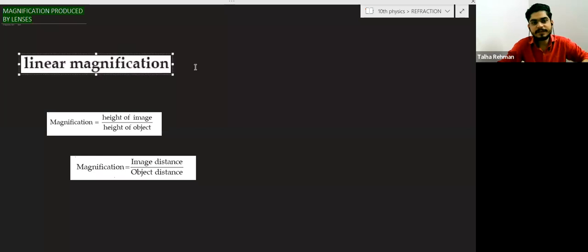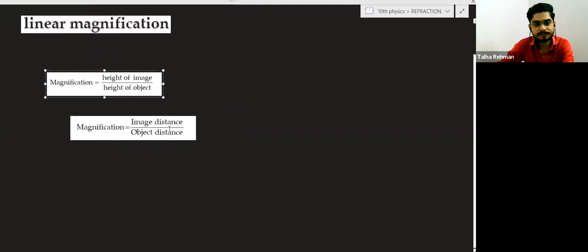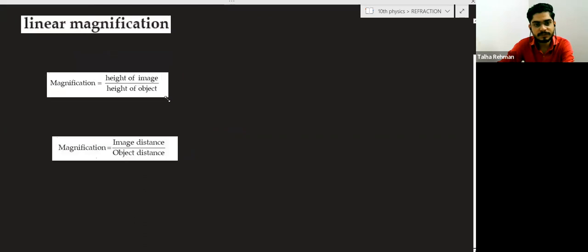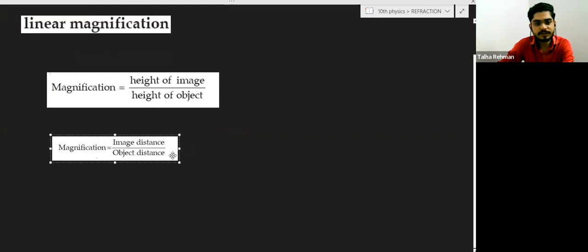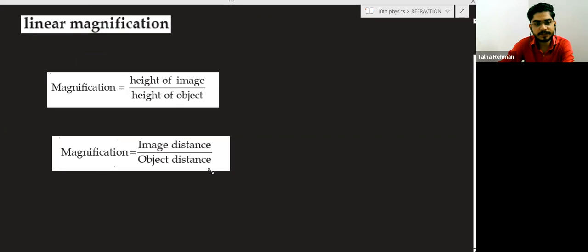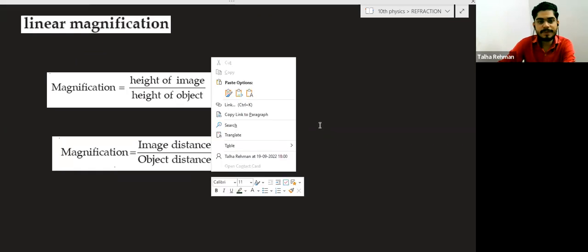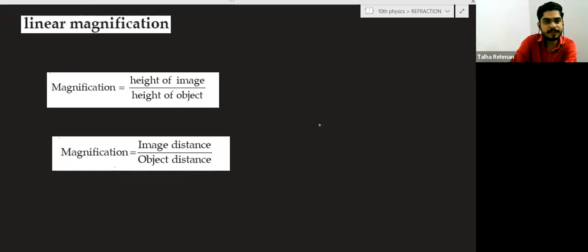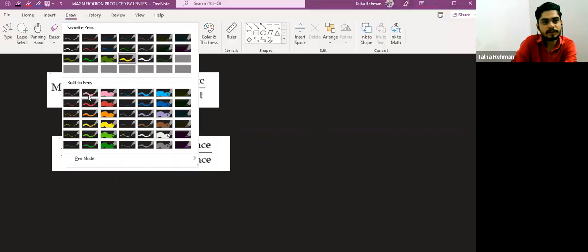We are talking about only linear magnification. We have two formulas for the magnification: height of the image and the height of the object. Magnification I will represent with M.